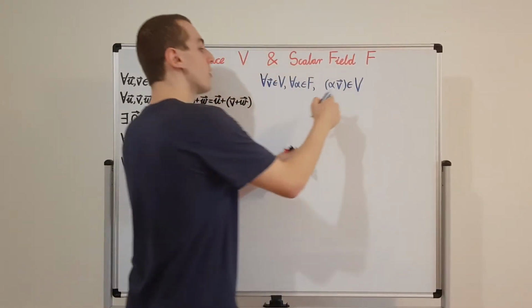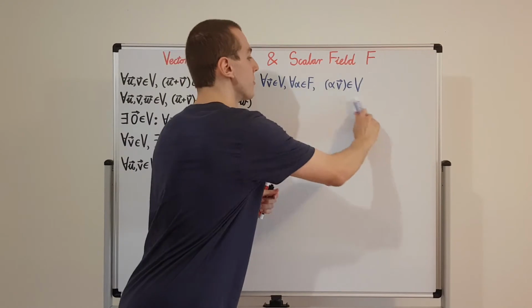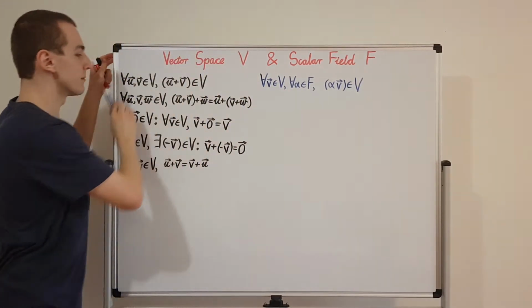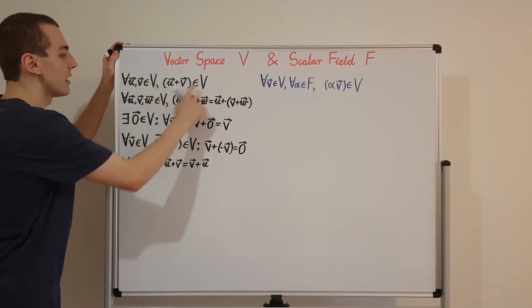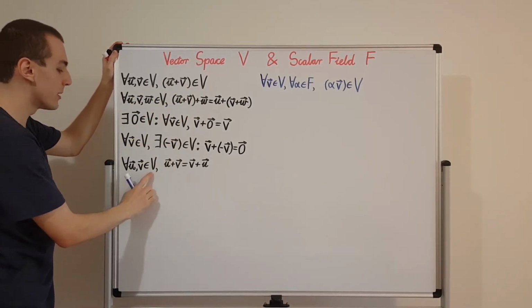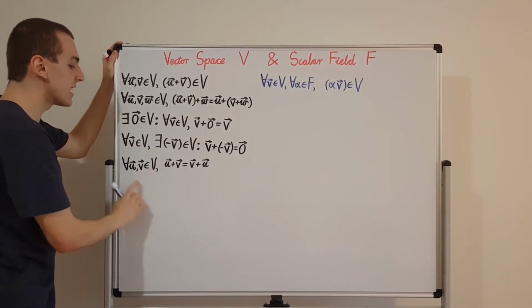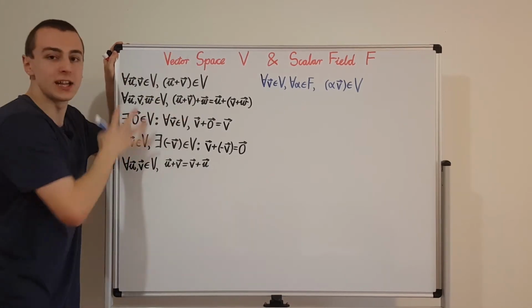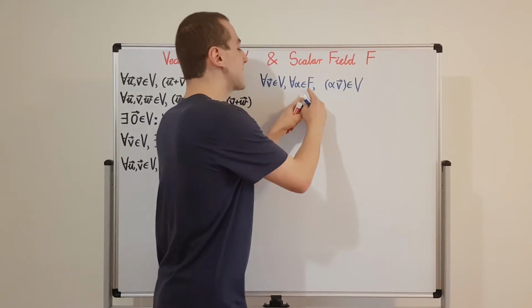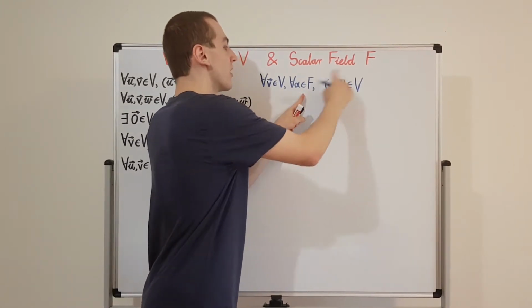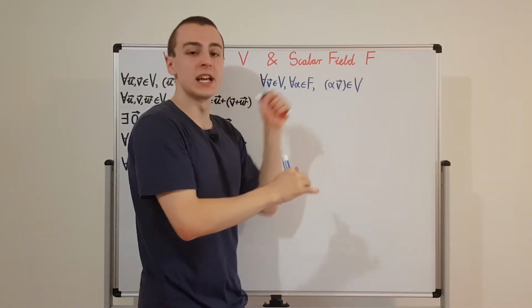So we need to be very careful with this notation over here. You can see in all of these axioms, I've consistently been writing element of capital V. So over here, it appears all over the place. We have an element of the vector space, because these guys are all vectors. There's no scalars in these axioms. But in this axiom over here, we have a scalar being introduced. So that scalar field is a source for those scalar elements.